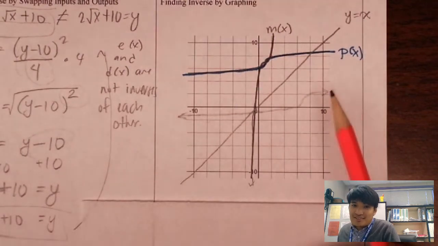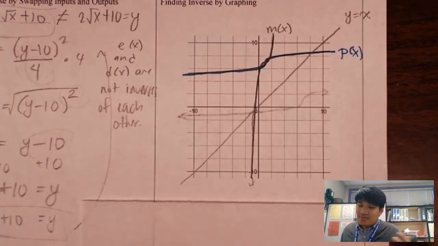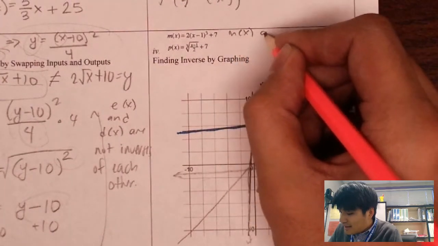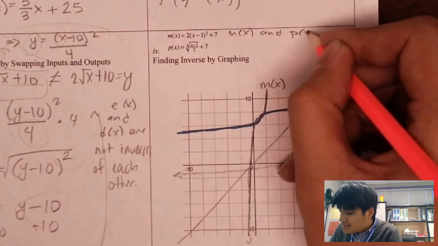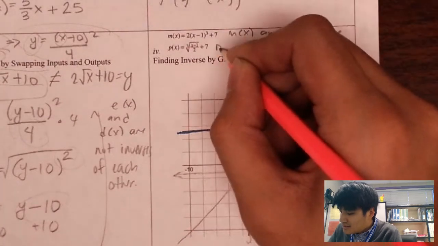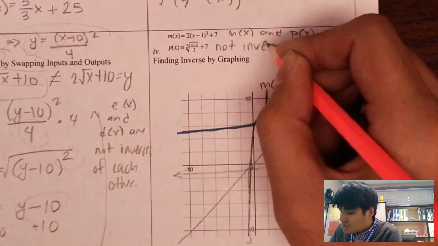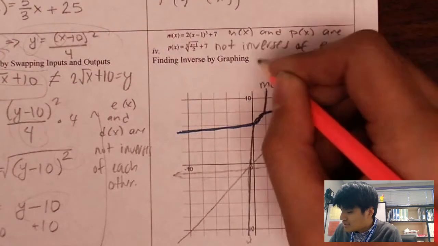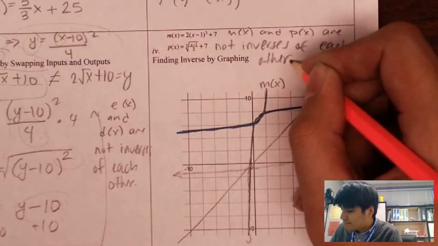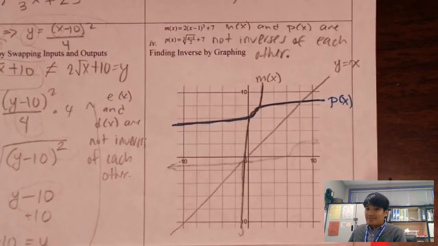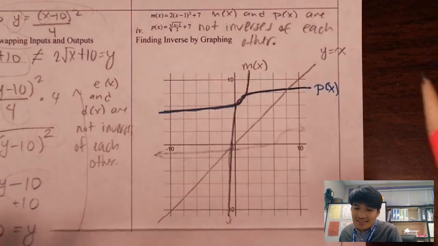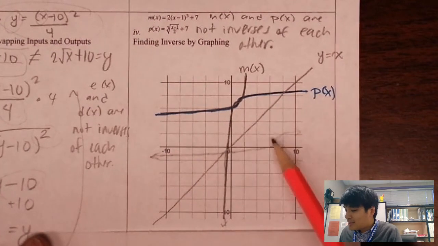So that means m of x and P of x are not inverses of each other. Nice, right? If P of x was this line right here, hot dog, that would have been the inverse, but unfortunately it's not.